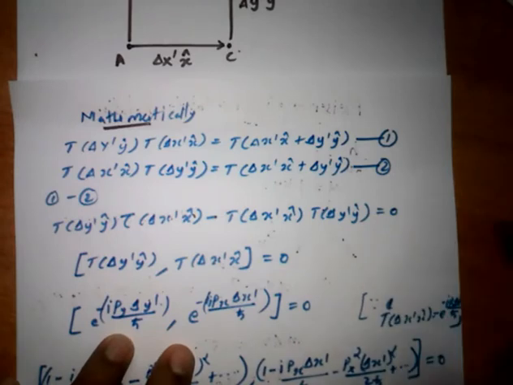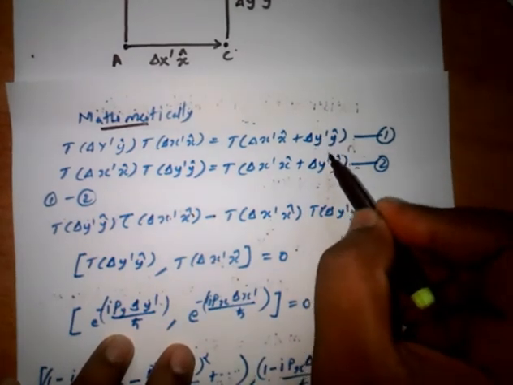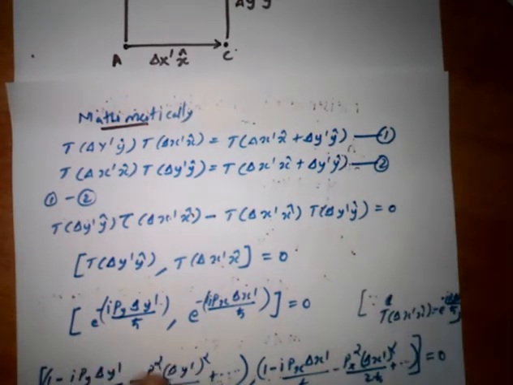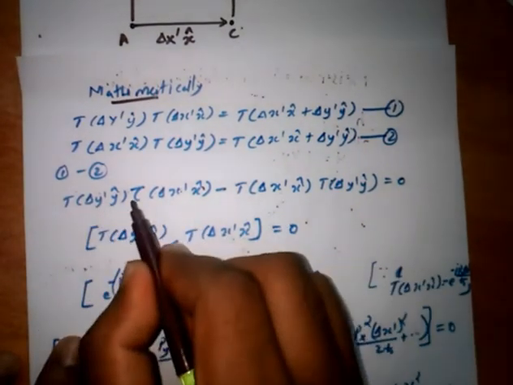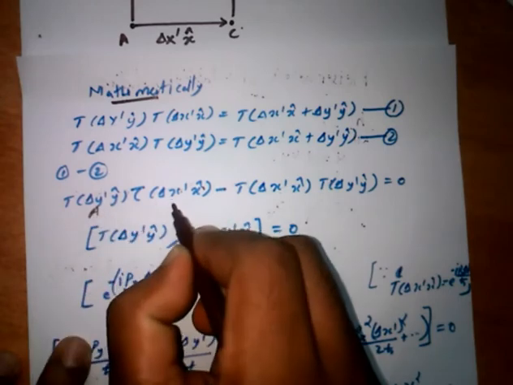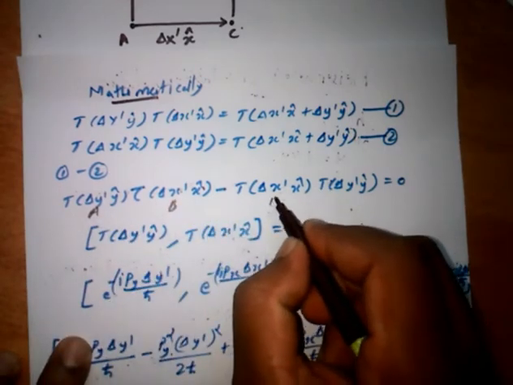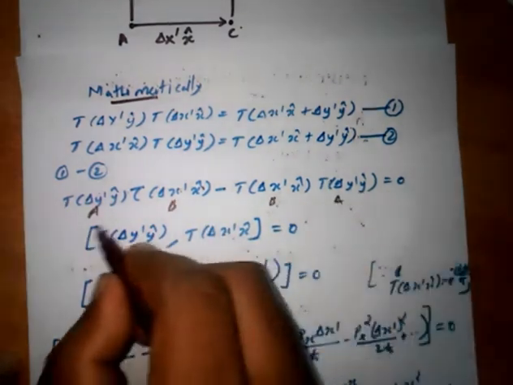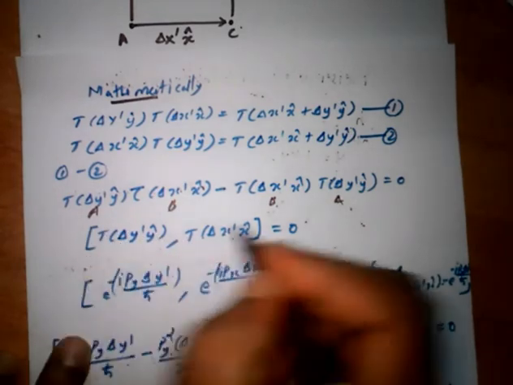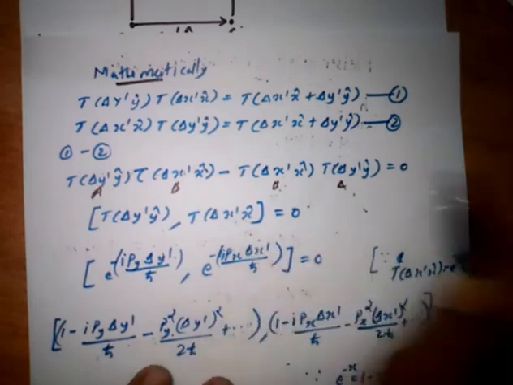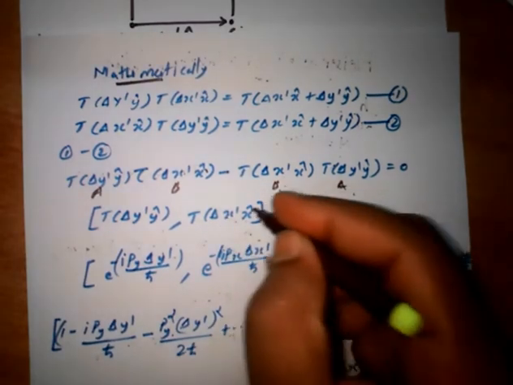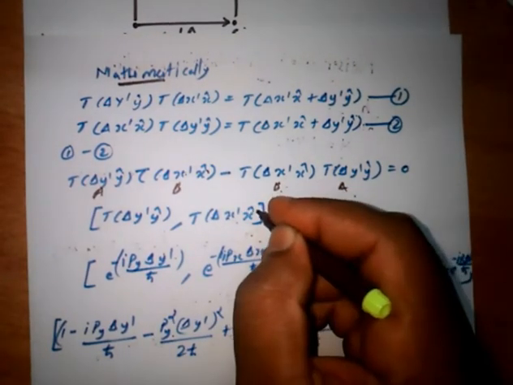The right side equals 0 because the RHS of these two equations are the same. If we take this as A and this as B, then this is AB minus BA, the commutator bracket of the translation operators T of delta y dash and T of delta x dash.